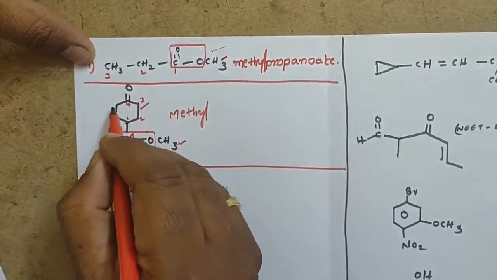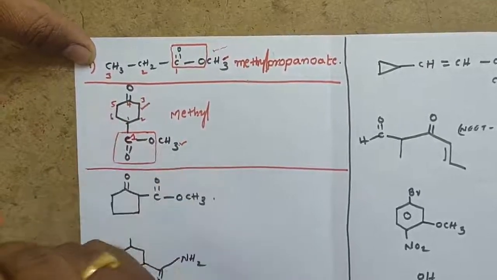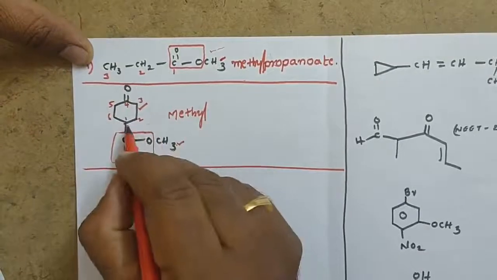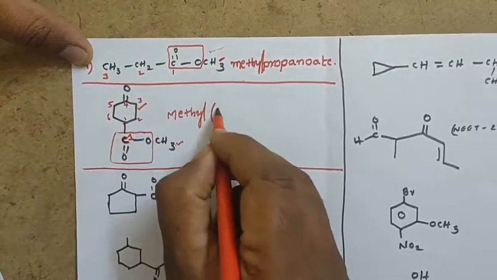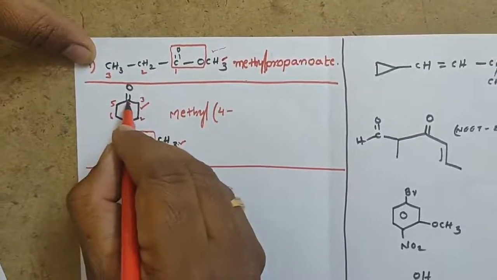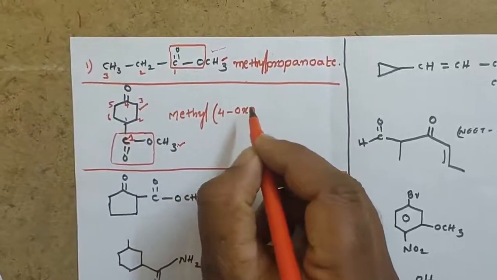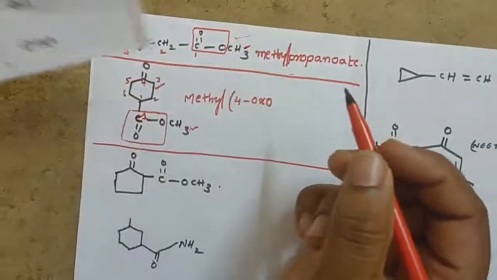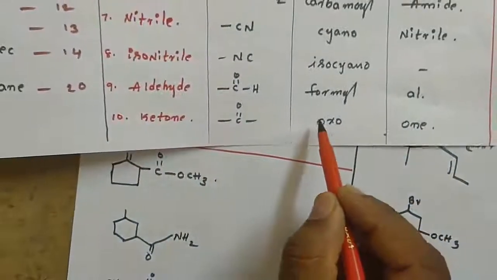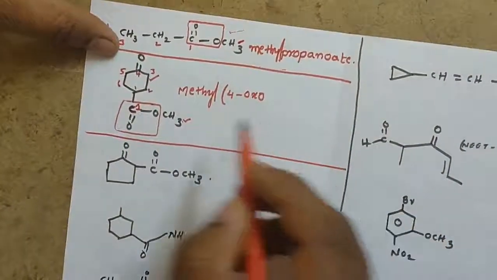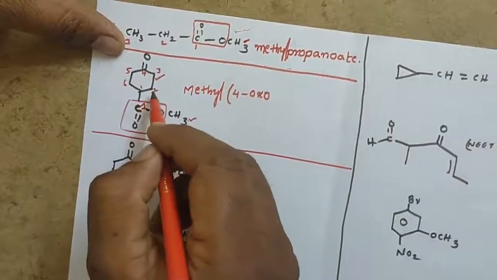Side chain numbering 4, 5, 6. Okay? So at the fourth carbon there is a ketone. That's why, the ketone prefix is oxo. That's why 4-oxo. What is this entire side chain name?